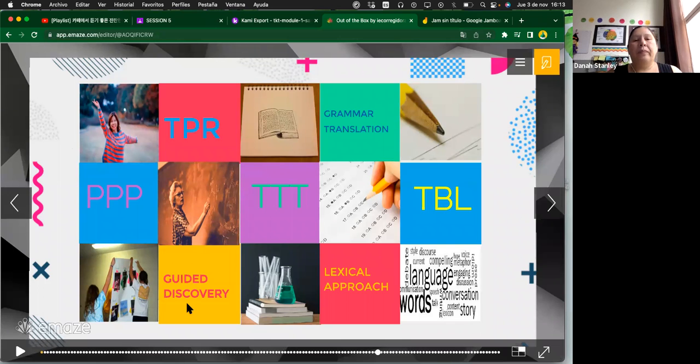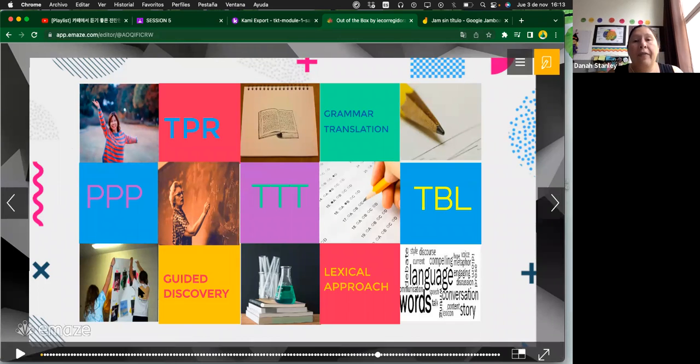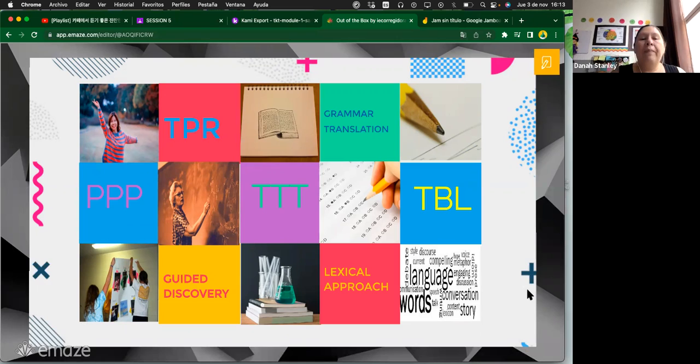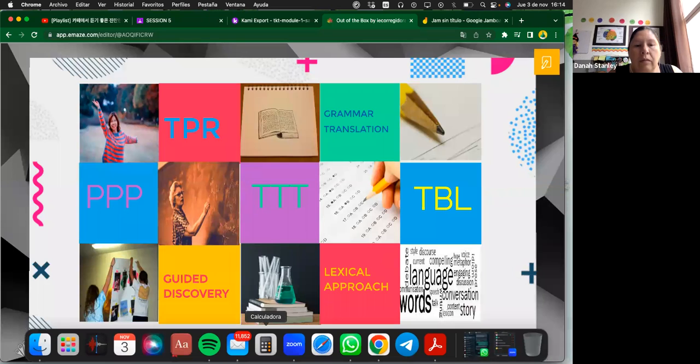All right. In here we have different types of methods and approaches, okay? We have PPP, CPR, guided discovery, TTT, grammar translation, lexical approach, and TBL. Have you ever heard about them?